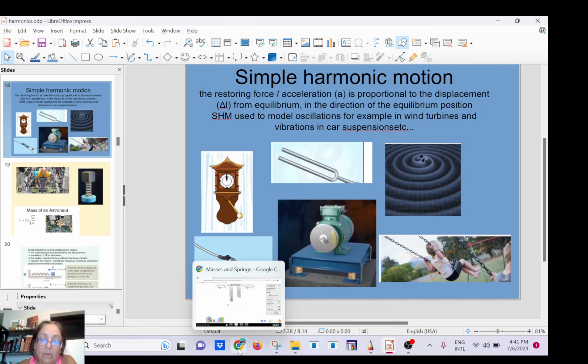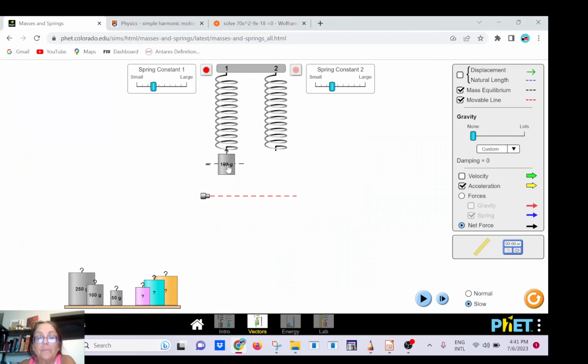Okay, so let's go back to my sim. So here you have a mass, 100 grams, and I have no gravity to make it simple to begin with. And I'm going to show you the spring constant here. There is no gravity. So I'm going to pull on it.